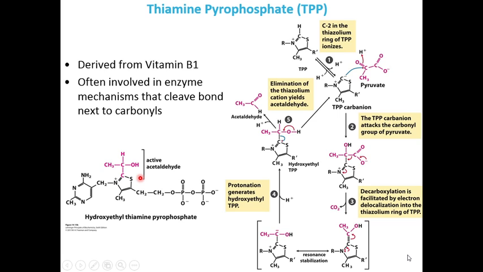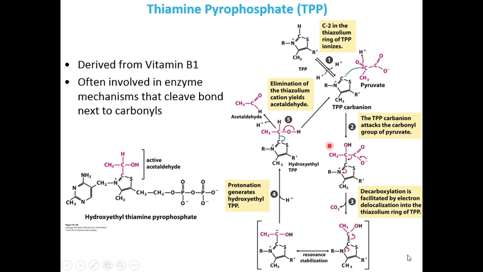Let's look at an example. The business end of TPP is shown here. It's the thiazolium ring, and the thiazolium ring can ionize into this TPP carbanion, and the carbanion can attack the carbonyl carbon of pyruvate.